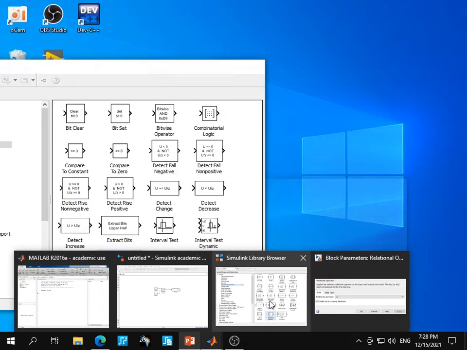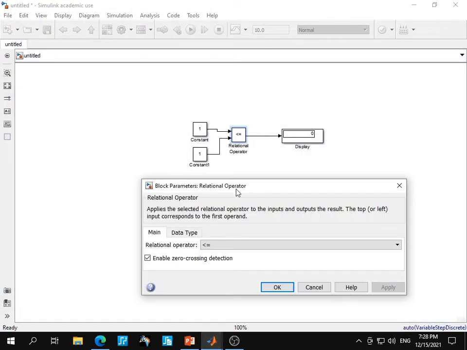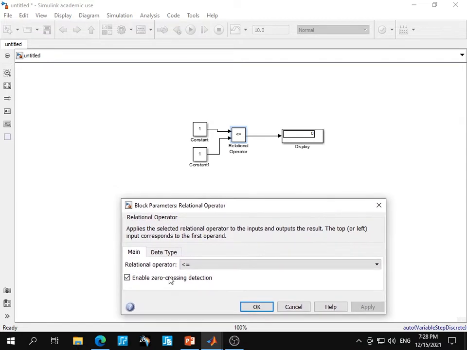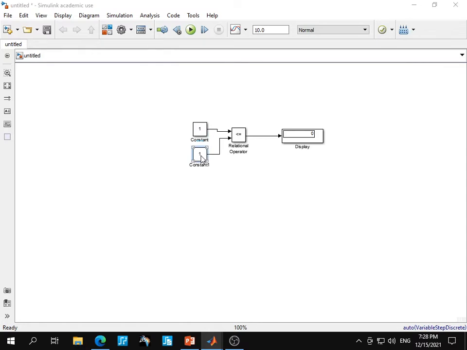So what are the differences? For 2 input mode, like this, smaller or equal. The first one is the number you want to check, and the second input will be your condition.